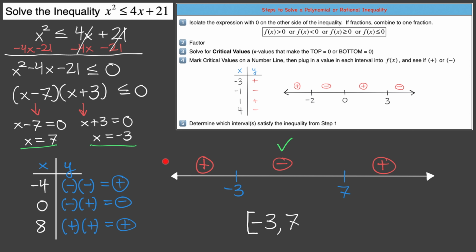Let's try 7. Plug in 7. 7 minus 7 is 0. 0 times anything is 0. Is 0 less than or equal to 0? Yes. Therefore, 7 satisfies the inequality, so we are going to include 7. So this is our interval of answers that satisfies our inequality here.